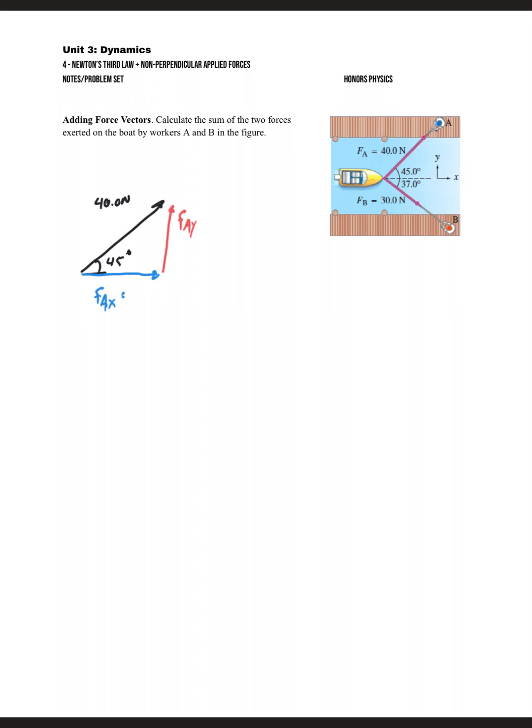And remember, this is FA cosine theta. This one is FA sine theta. So when I plug in the math, I get 40 sine 45. This is 28.3 newtons in the Y direction. And yay, good thing it's a 45-degree angle. That means it's 28.3 newtons in the X direction.